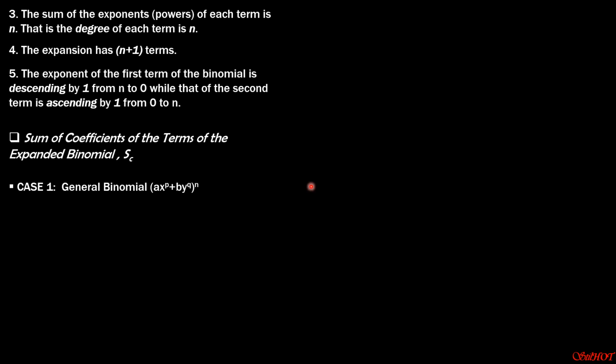Therefore, the technique in deriving the sum of coefficients is we just replace the variables by 1. So this becomes a times 1, which is just a, b times 1, which is just b, because if we replace the variables by 1, 1 raised to any power is still 1. So the replacement of the variables by 1 cannot affect the coefficients.